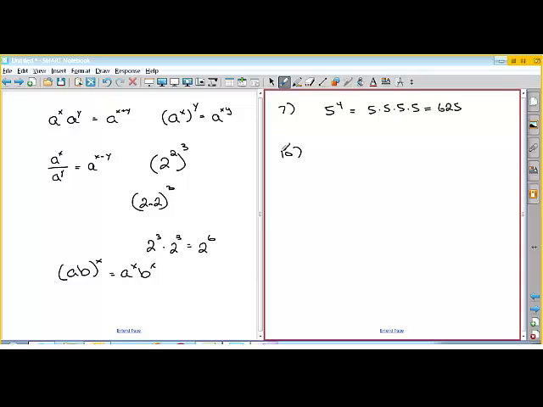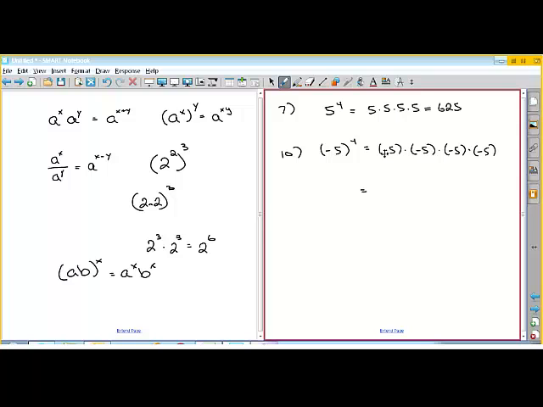Okay, number 10. Negative 5 to the 4th power. So that's negative 5 times negative 5 times negative 5 times negative 5.